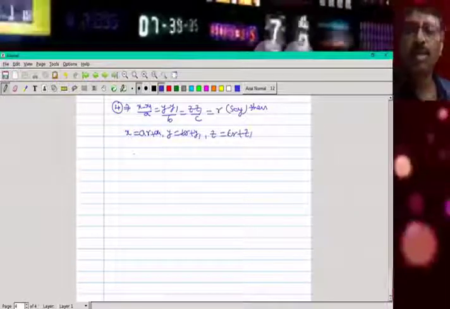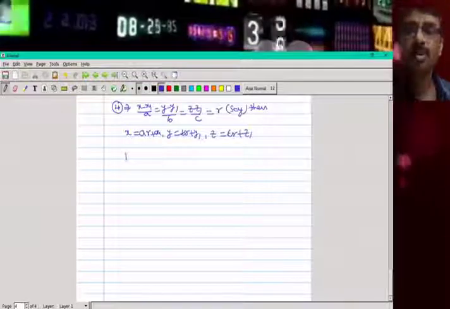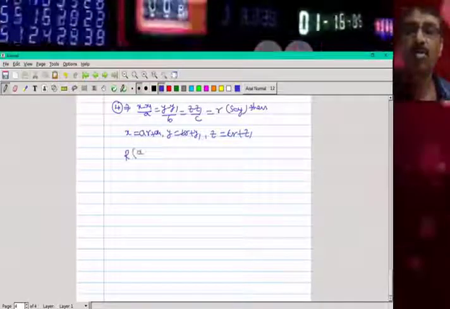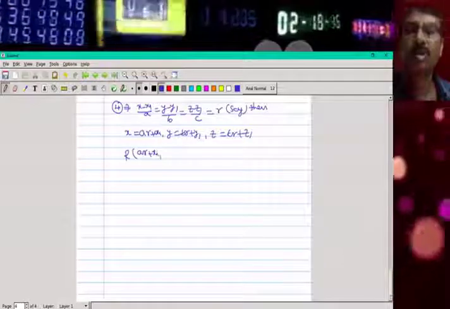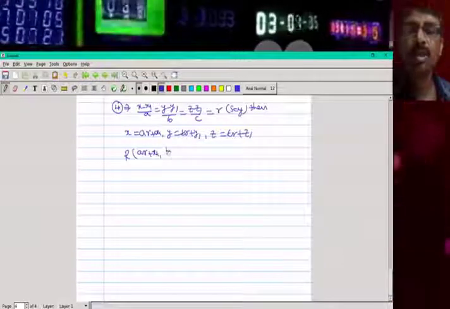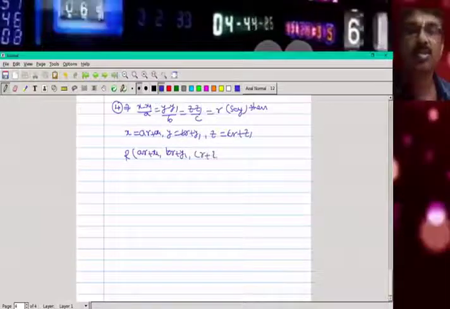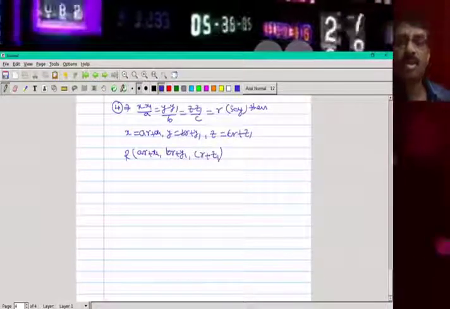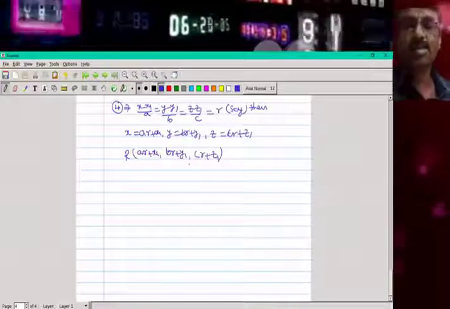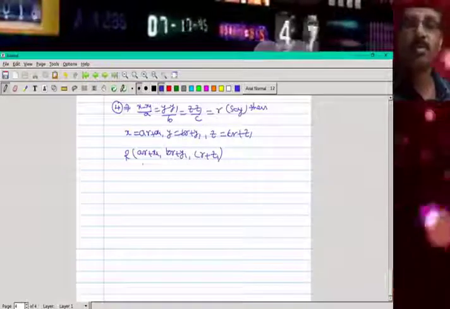Taking these as a point for some r: ar plus x1, br plus y1, cr plus z1.